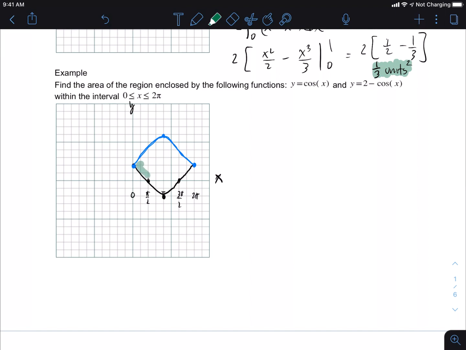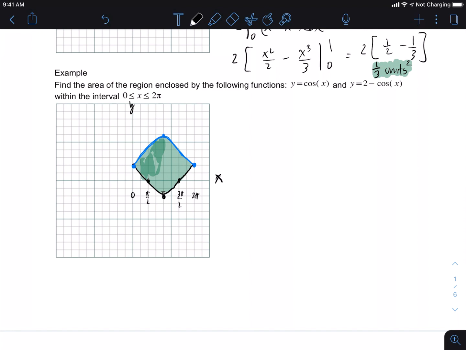Isn't it just this that's between here? Agreed? Okay. So again, what we need to do in this problem is find out when they are equal.